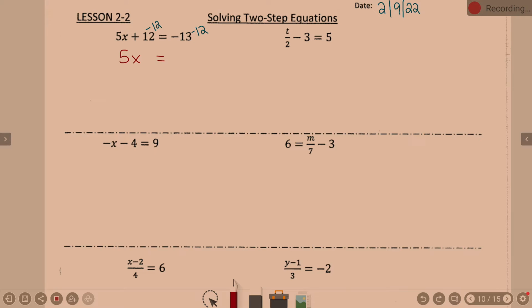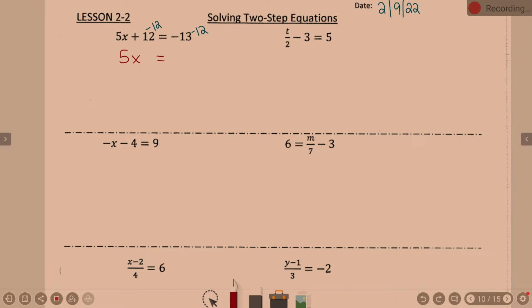Negative what? Can you re-say that? Negative 13 minus 12. Got it, Jacob? Nope. Negative. Yeah. Okay.